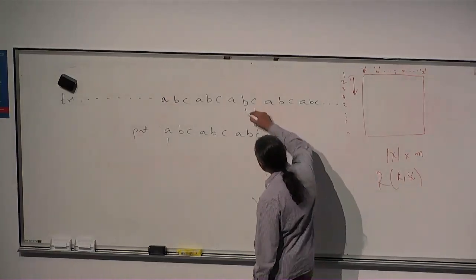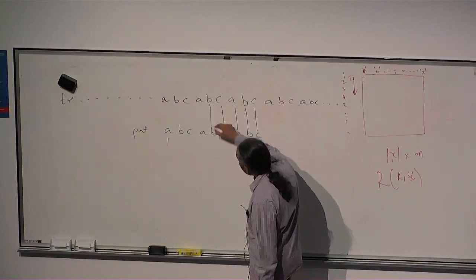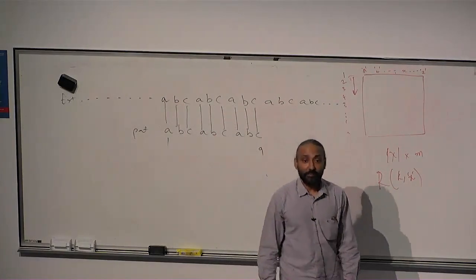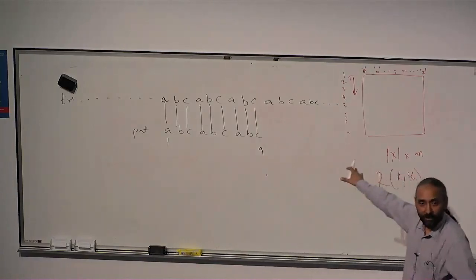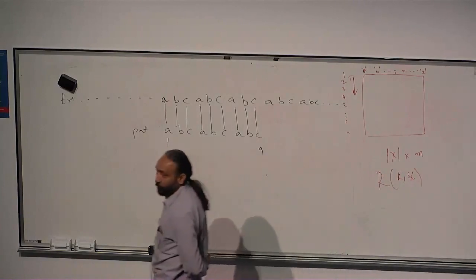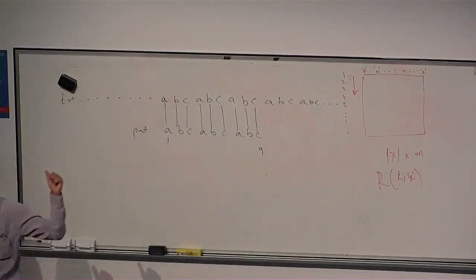This matches with this, right to left scan in this iteration. Everything matched, right? Now, if everything has matched, you would first say, I found an occurrence, remember that. Because the goal of all this is to find an occurrence of the pattern in the text.